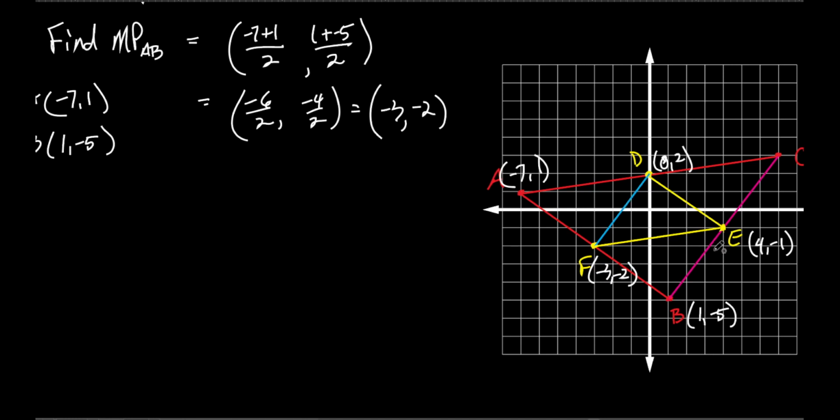Well, if it's parallel to this side, then it's a midsegment. So what are we going to do? Let's see if they're parallel. So we're going to find the what? If I ask you to show me that they're parallel, well, what do we find? Come on, I already gave you a hint. Slope. Okay, we're going to find the slope of the blue one, of FD. So find the slope, that's M, of FD.